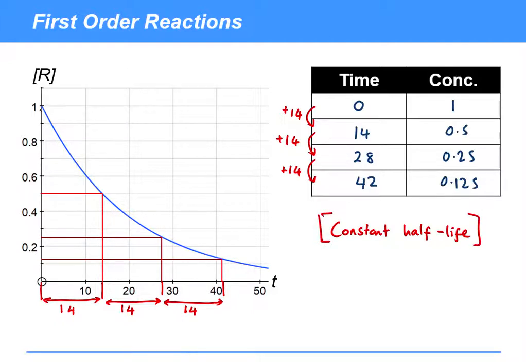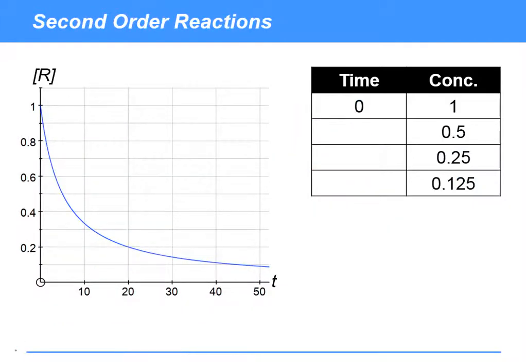Let's look at second order reaction. Now try and bear that shape of the first order reaction in mind. This is a concentration time plot for second order, and it's much steeper at this point here. Let me just highlight that for you.